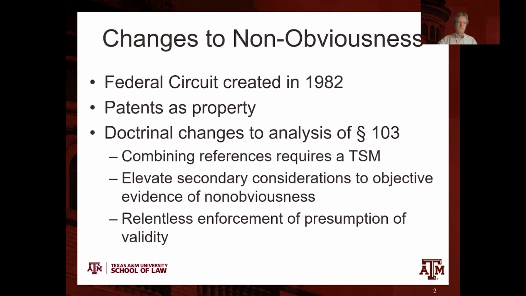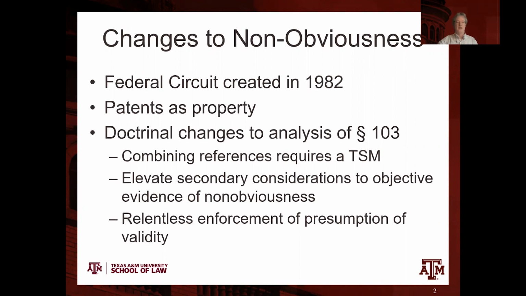And they brought this perspective of patents not as monopoly, but as simply property to patent law, and really radically changed a number of areas of law, including what we're focused on right now, the non-obviousness doctrine. Instead of reserving patents only for truly deserving inventions, substantial advances, they thought that patents were deserved even by small advances. Now, maybe you get a small patent scope, but you still get a patent.